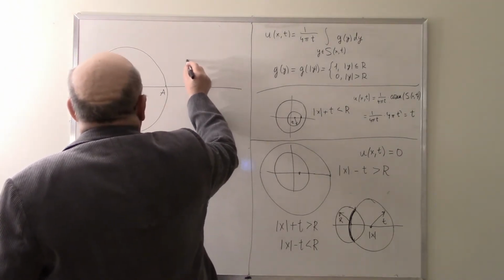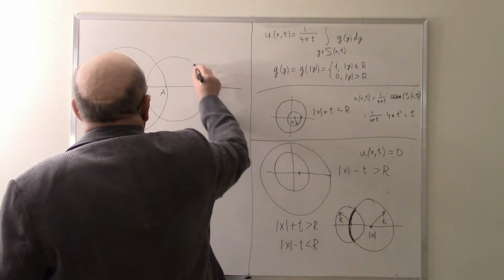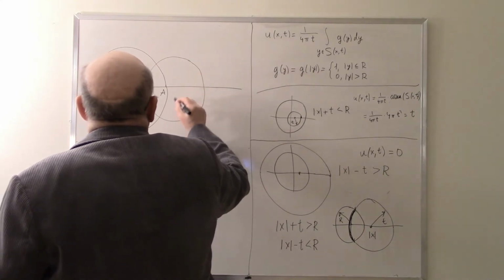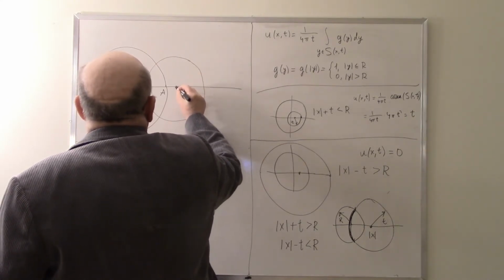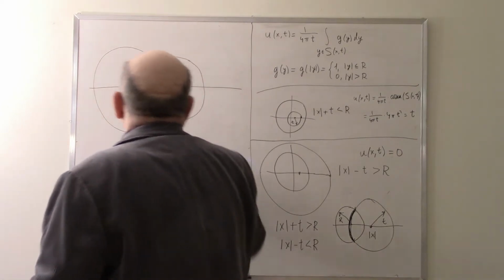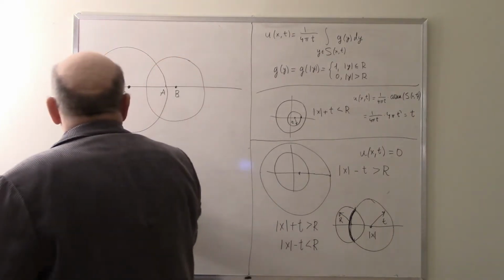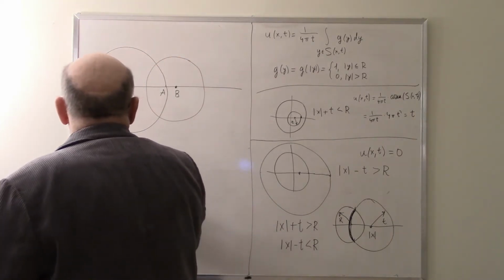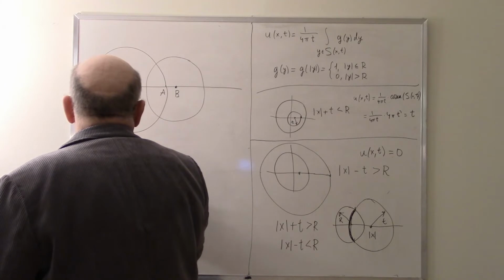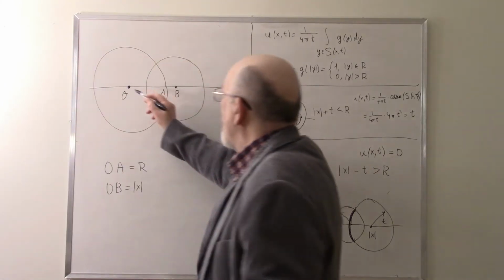Here we have the sphere of radius t, but first of all, its center is point B. OB equals modulus x.